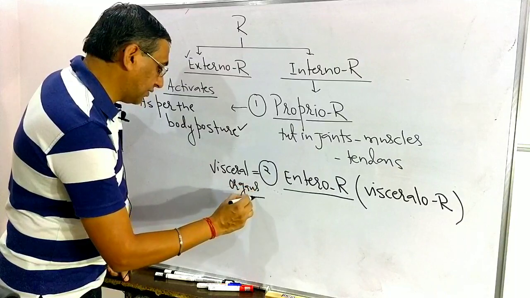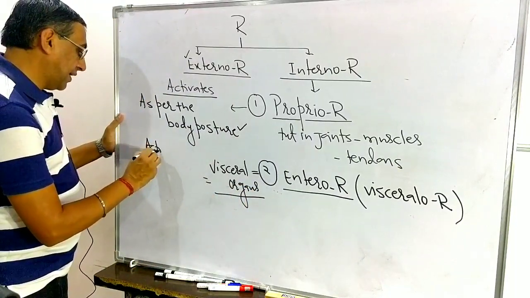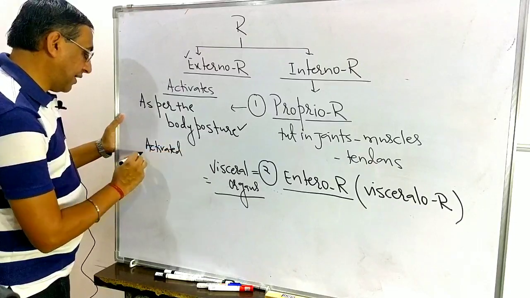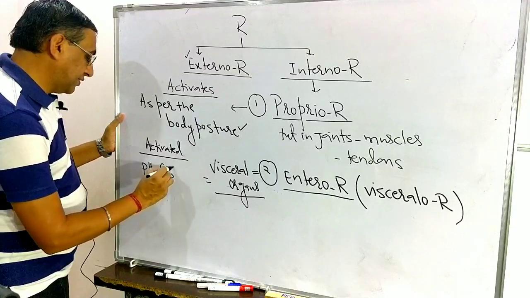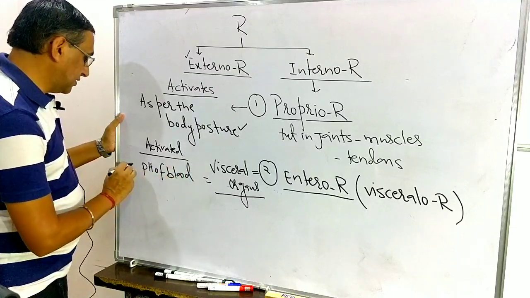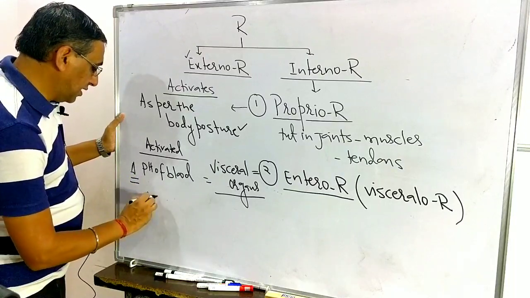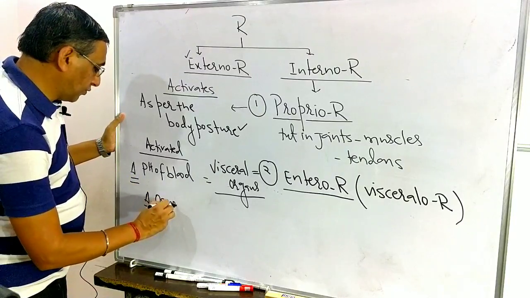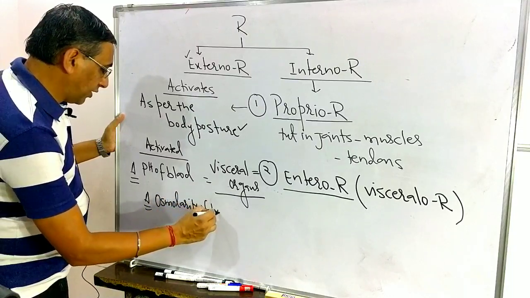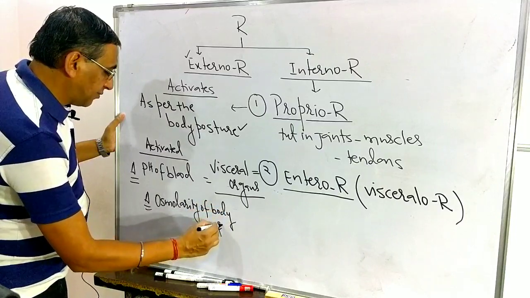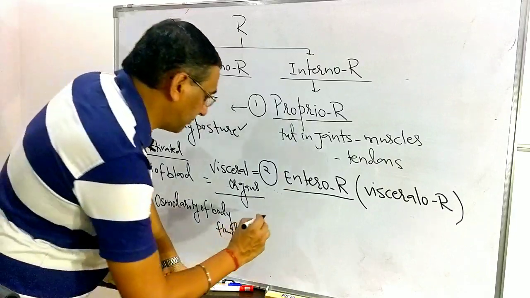They are present in the visceral organs, and they are activated when there is a change in the pH of blood, or when there is a change in the osmolarity of body fluid. So this is the second type of receptor, present in the viscera, known as the enteroreceptor here.